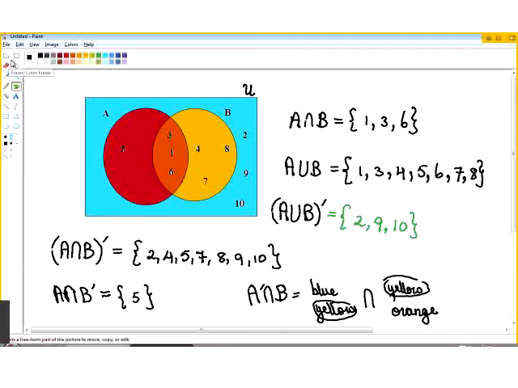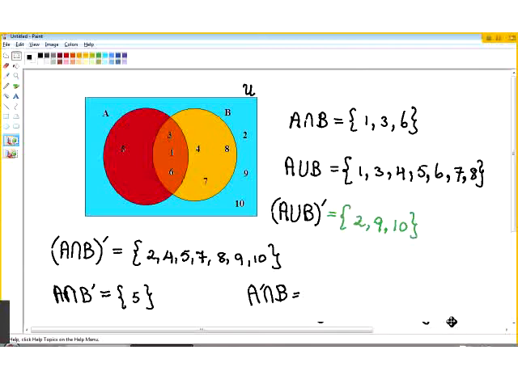The only area that we are looking at is the yellow area here, and that yellow region is the set, the only region that we have is the set 4, 7, and 8.